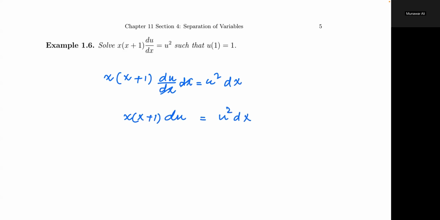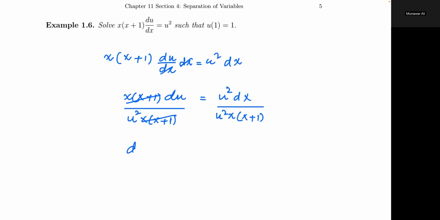And maybe dividing x times x plus 1 on both sides, I'm also dividing u squared. We can do everything in a single step as well. So this cancels this one. The left hand side would be du over u squared, and the right hand side would be dx over x times x plus 1.